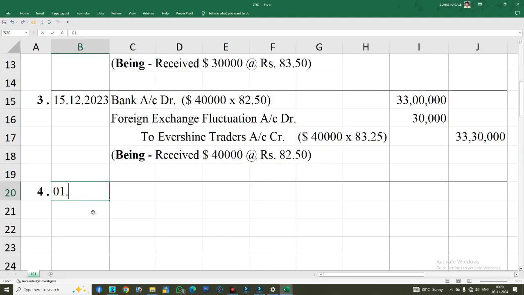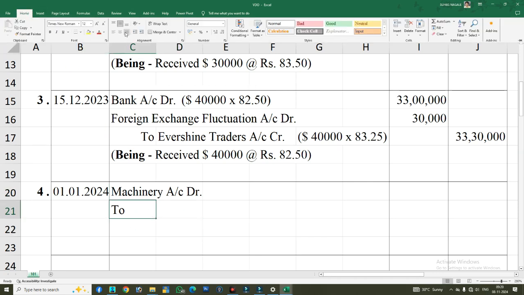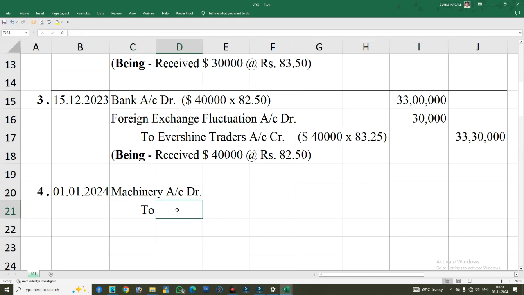Date 1st January 2024. Machinery account debit; machinery is an asset to the party. Party is Atlas Equipments account credit.